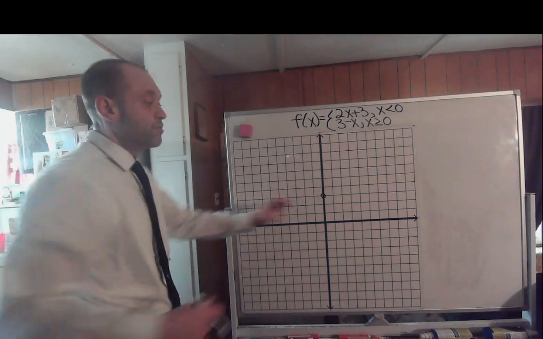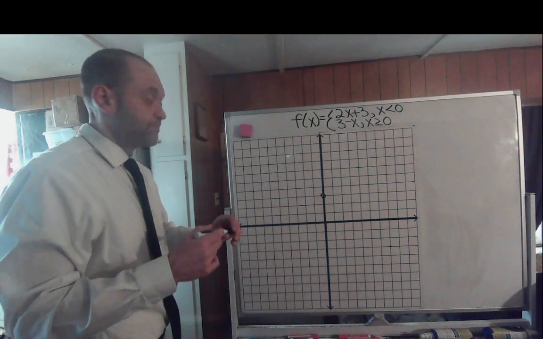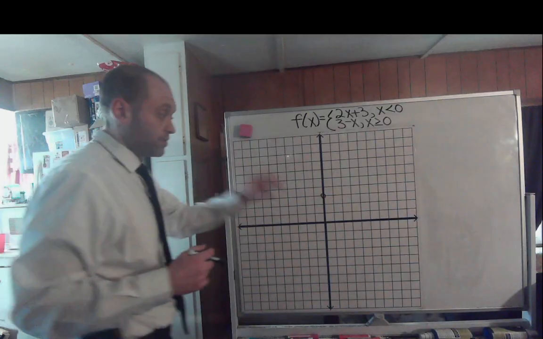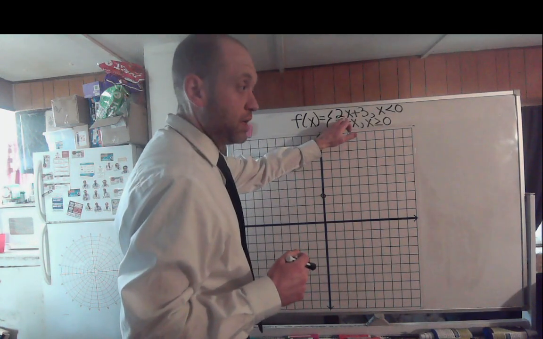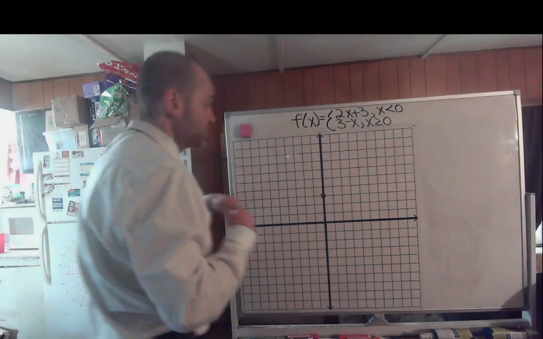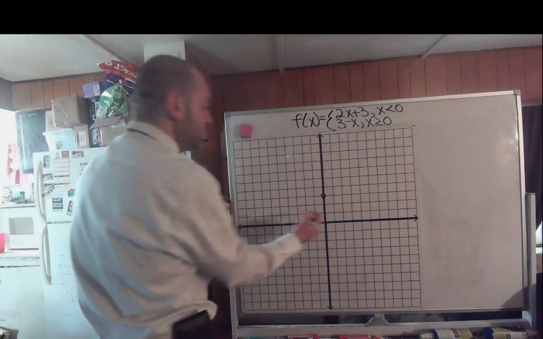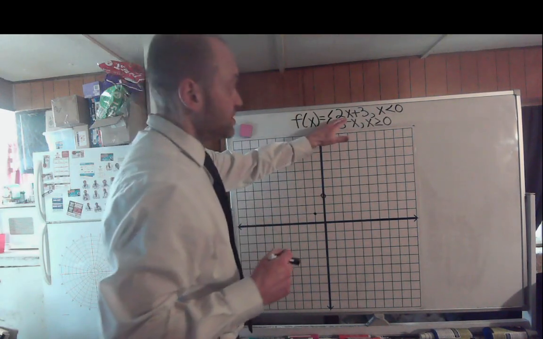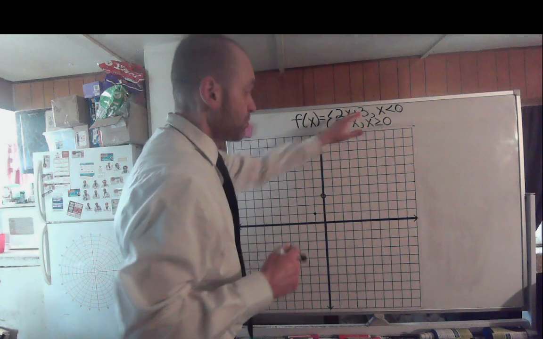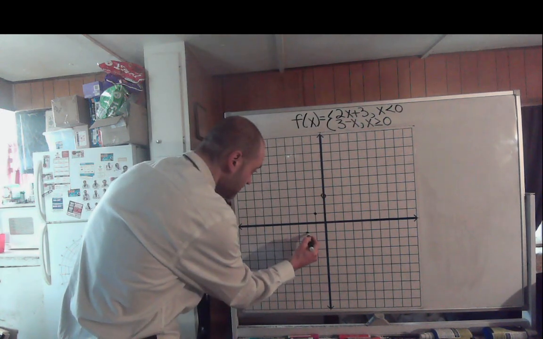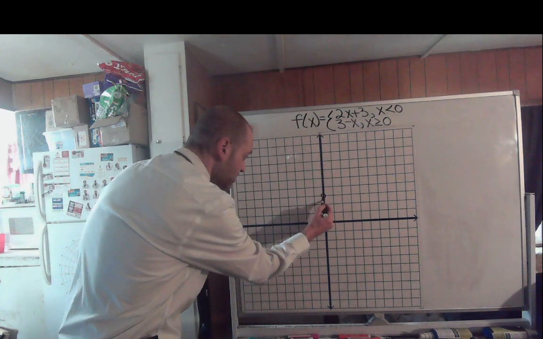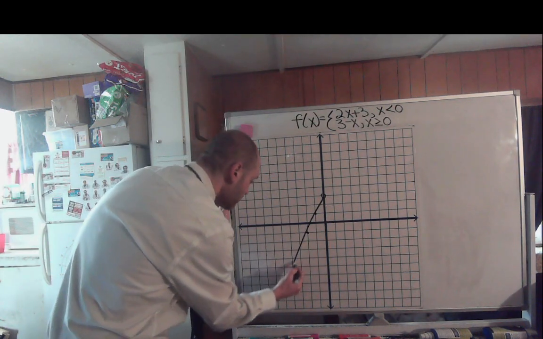This is called a removable discontinuity. And then let's go further left. x equals -1, you'll end up getting -2 plus 3, which is +1. Now, when x equals -2, you'll get -4 plus 3, which this time is -1. And you get the idea how this is all going to shake out with the graph.